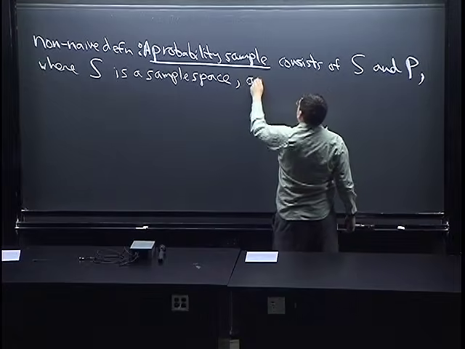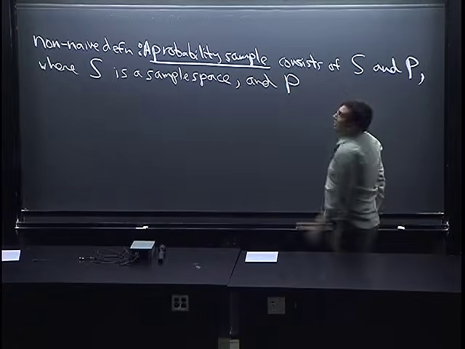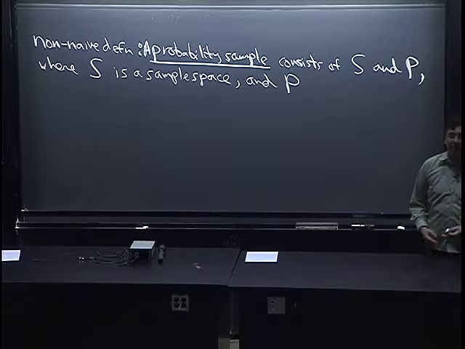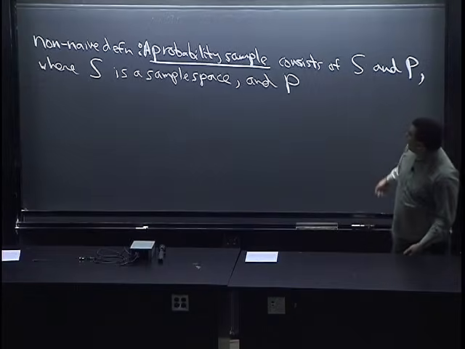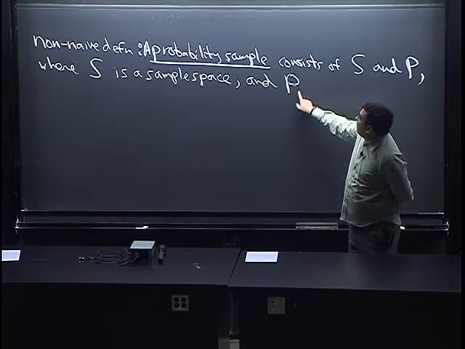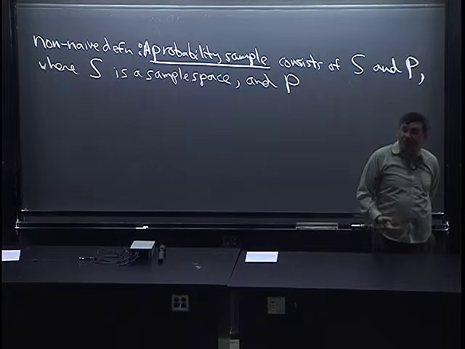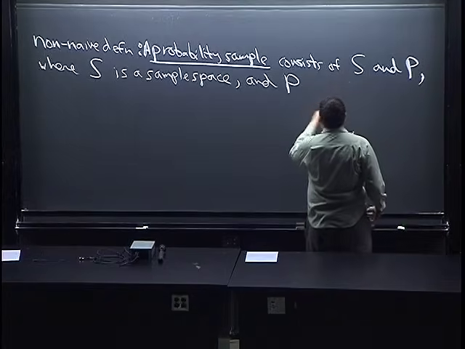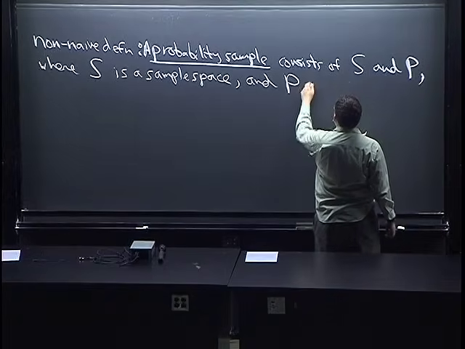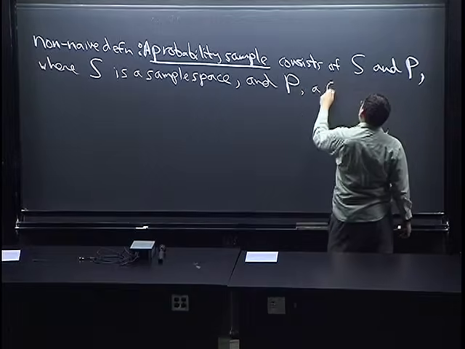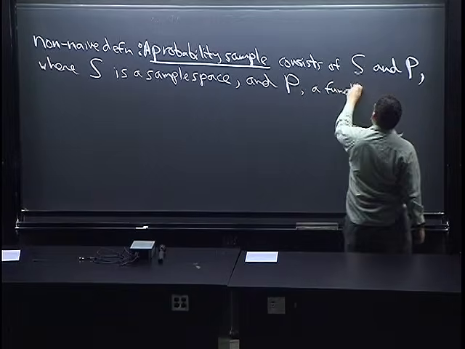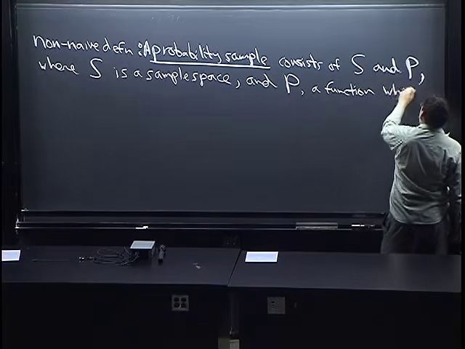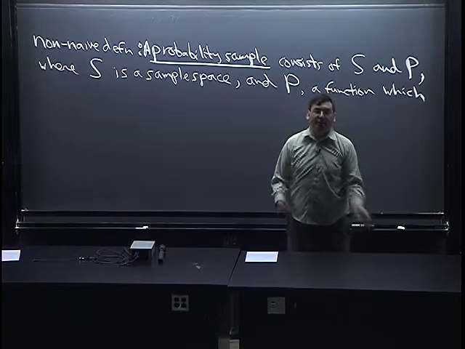So P is a function, okay, but it's not the kind of function that you usually see, like f of x equals x squared. The domain of P is all subsets of S. So P is a function. It's a mapping that takes as an input an event.